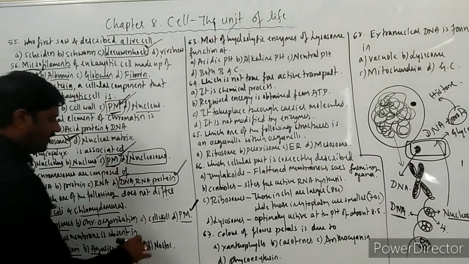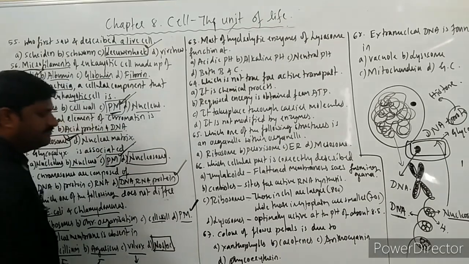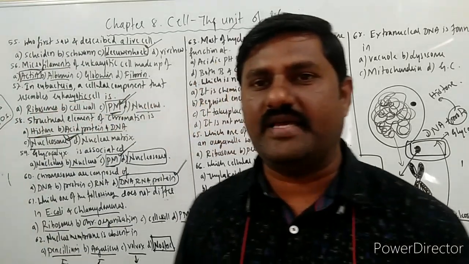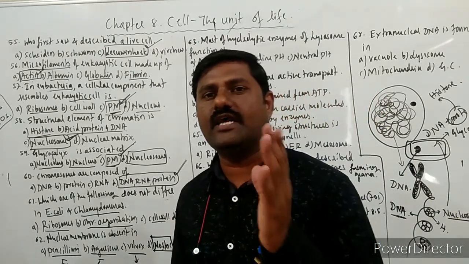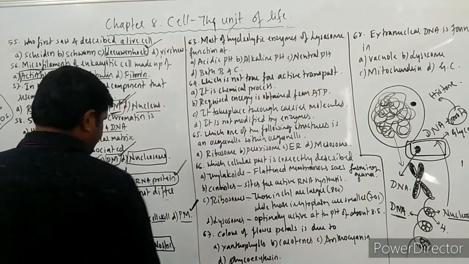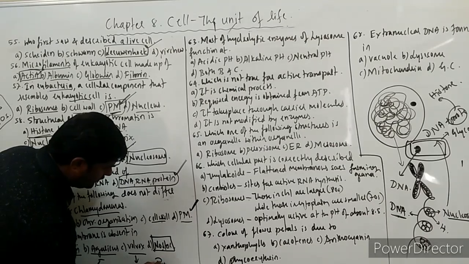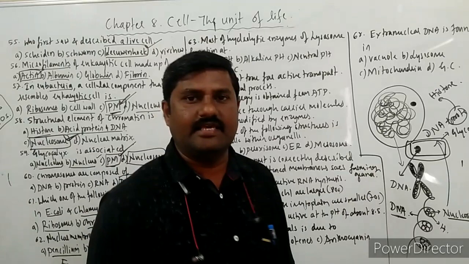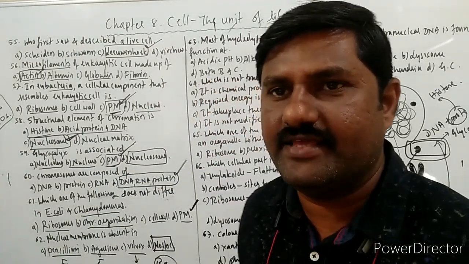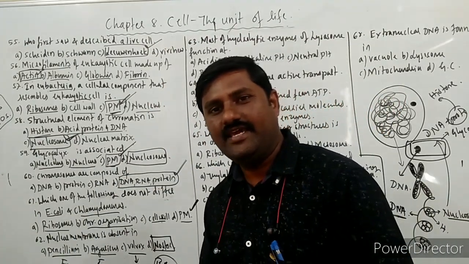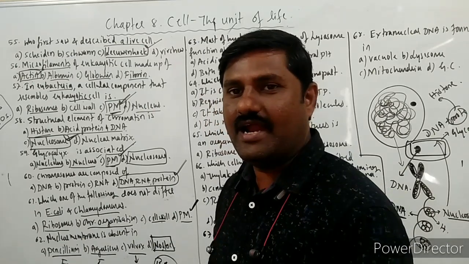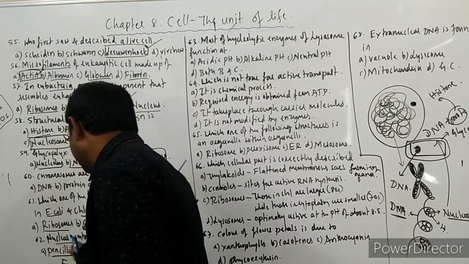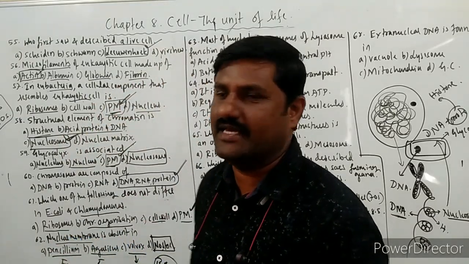And come to the Nostoc, a very important one. Nostoc, Anabaena, Azolla. All these are the best examples for blue-green algae. Blue-green algae are prokaryotic in nature, and these prokaryotes do not have any nuclear membrane around the nucleus.